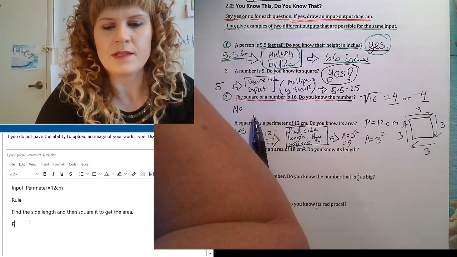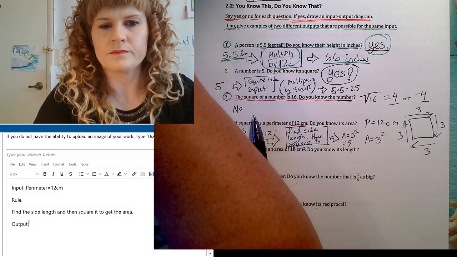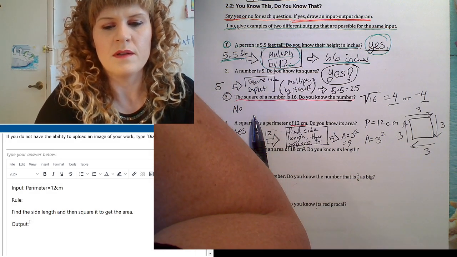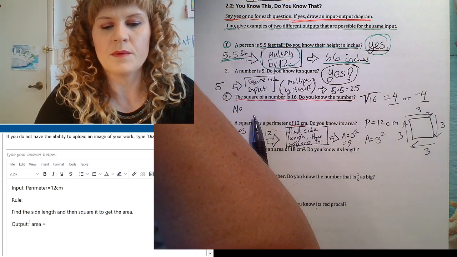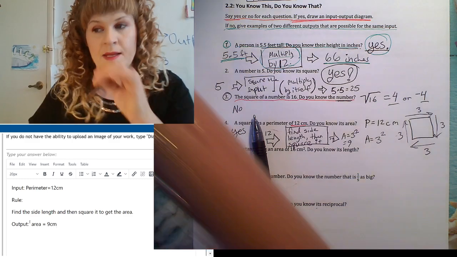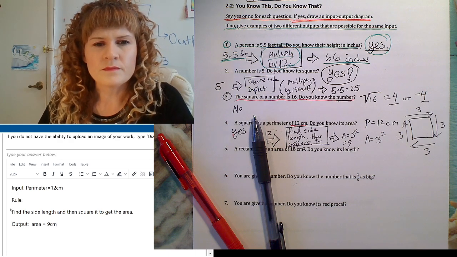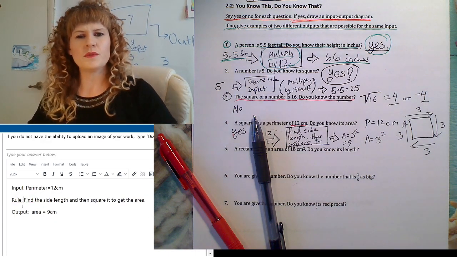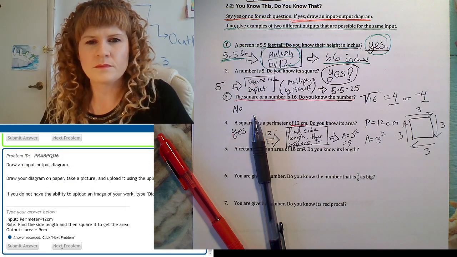And the output is going to be the area of the square, which in this case equals 3 squared, which equals 9 centimeters. You can just copy my answer to show me that you followed along with the video. There, I've got input, rule, output. Or you can take a picture.